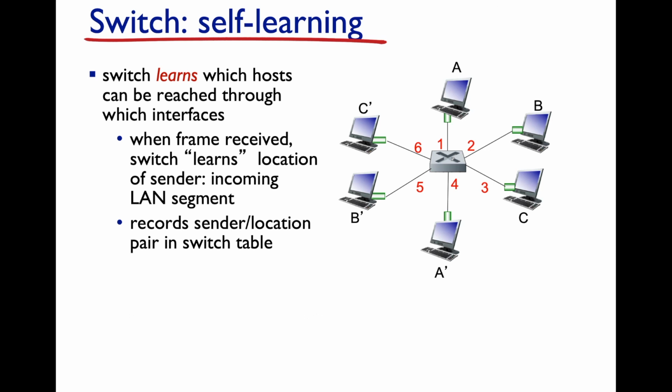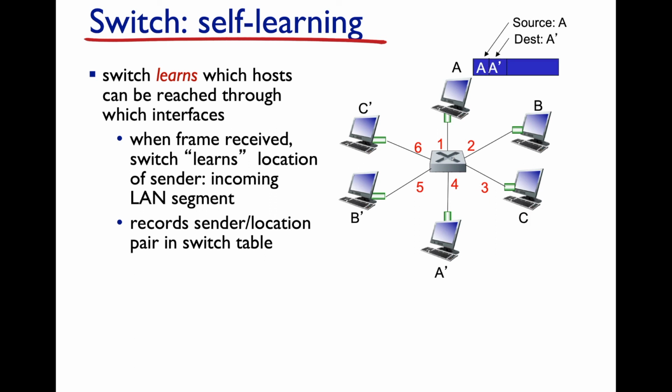Because if the source MAC address sent it inbound on that ingress port, then it knows that port is where it will find that particular MAC address. And so it records these sender location and port number pairs in the switch table, and that's how it populates entries that are used for forwarding these frames across the switch from its buffers.